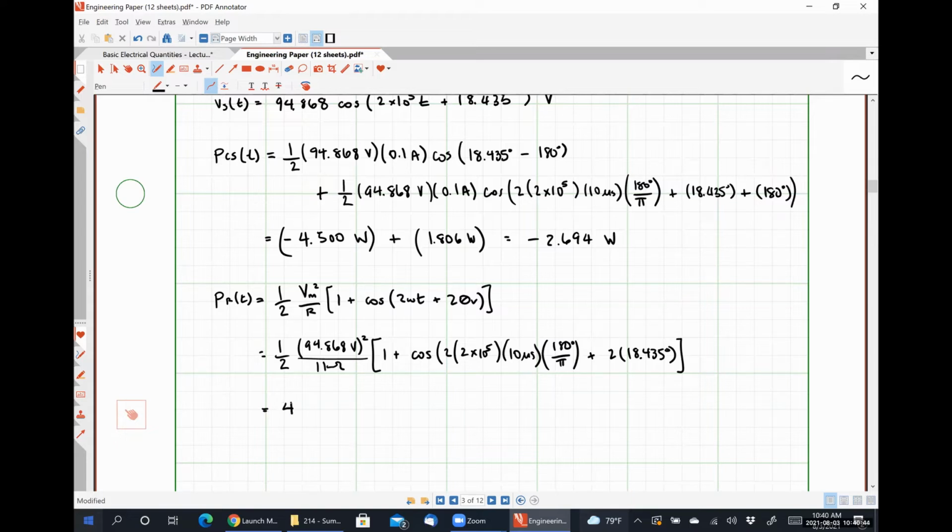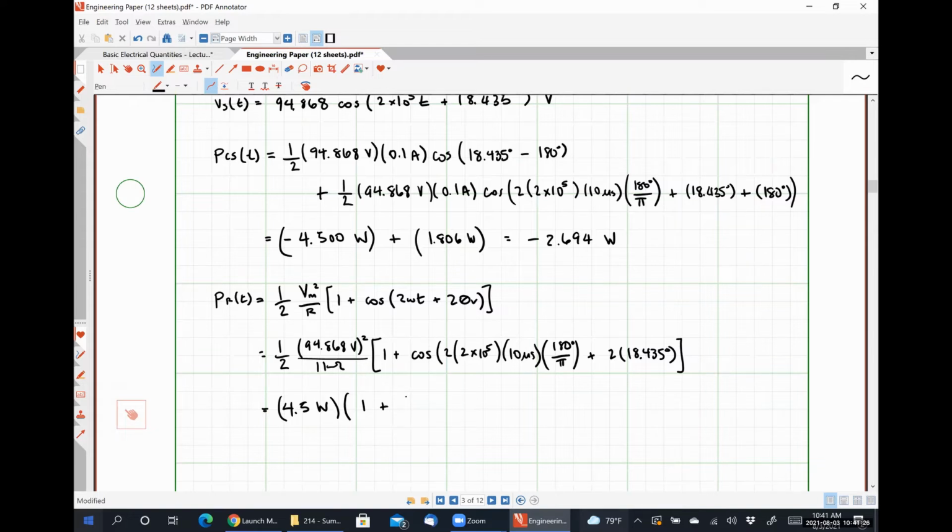So that first part to me looks like 4.5 watts. And then I need to multiply that by 1 plus cosine of 4 times 10 to the 5 times 10 times 10 to the minus 6 times 180 over pi plus 2 times 18.435.